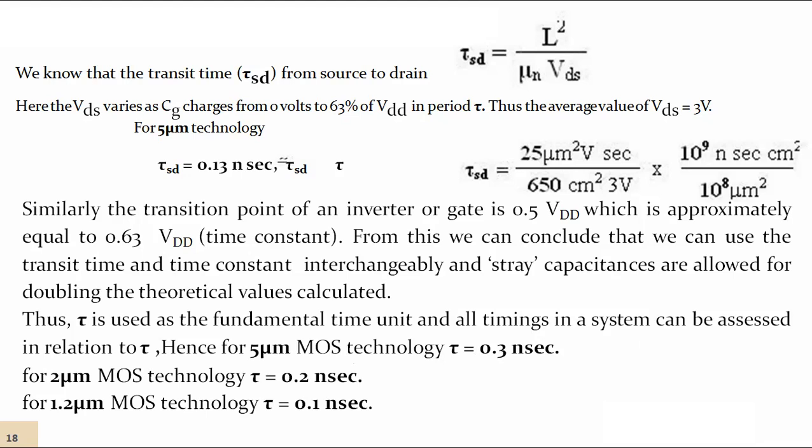Technology means it is purely with respect to the length and width only. 5 micrometer technology or 2 micrometer, 1.2 micrometer technologies are defined based on purely one parameter. They are called the length and width. By using the same concept called the lambda based design rule.